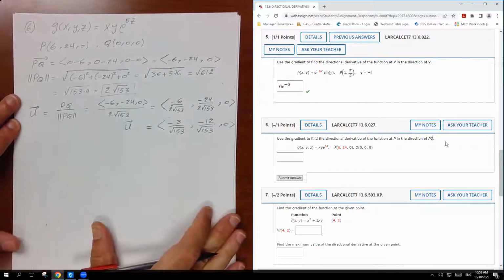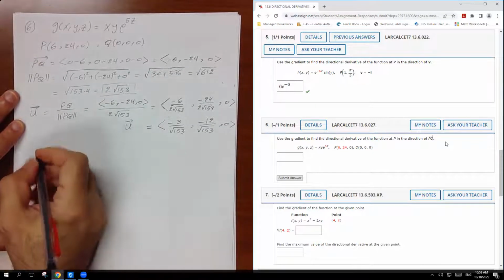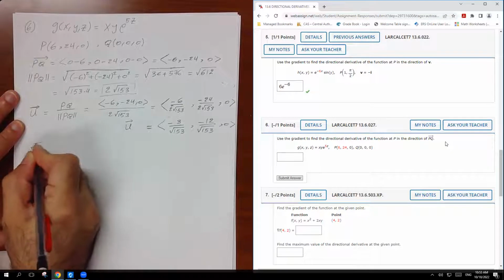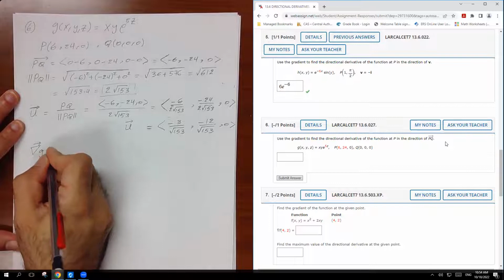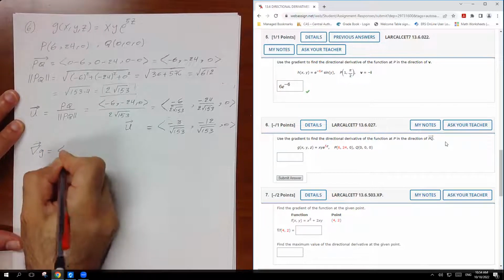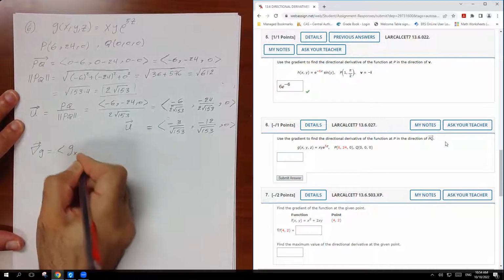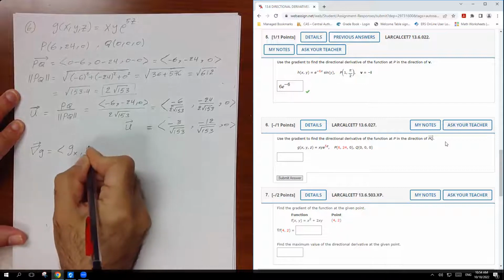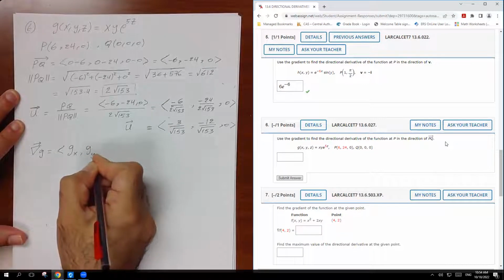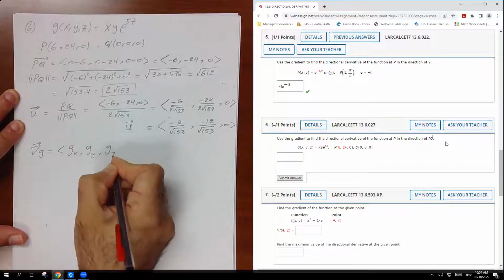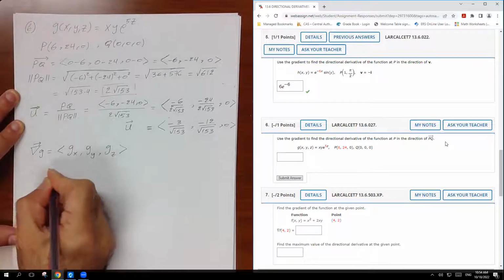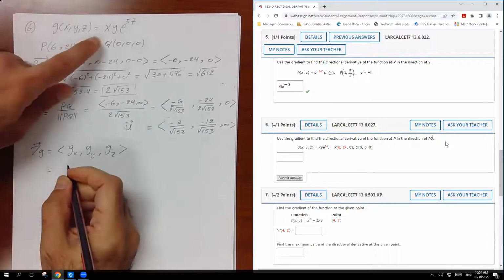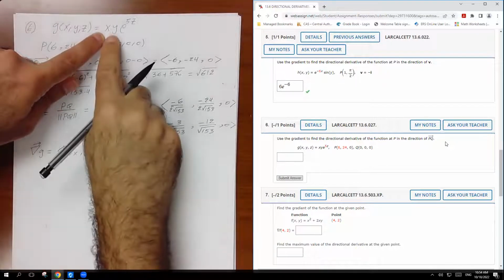So the gradient for function g is going to be g sub x, g sub y, and g sub z. This one is going to be g sub x. We need to find g with respect to x.